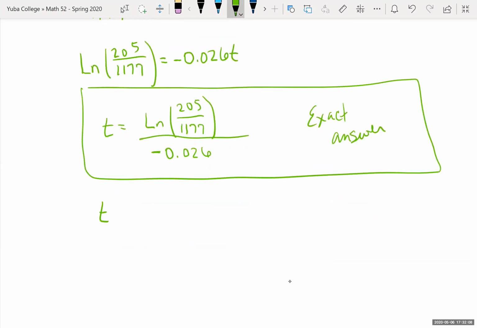And so if I do that, I'm going to get, it's going to happen and it's going to occur in 67 years from 2002. So if I wanted to know the exact year, that's going to give us 2069.